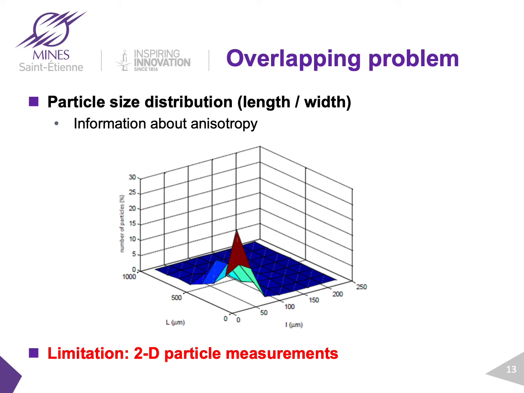But nevertheless, we have a main limitation, which is that we extract only 2D particle measurements. It means that if you are looking at the particle with a different view angle, for sure you don't have the same measurement. So we have a bias for that, and we would like to extract 3D information about these 2D images. It's the next step.